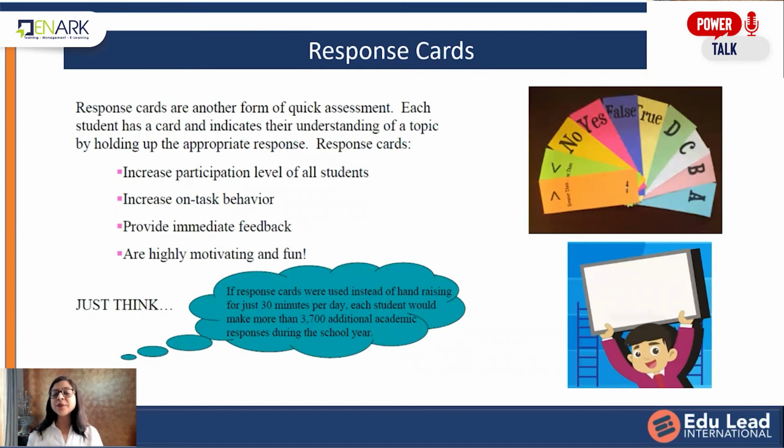So you can identify where all of your children are for a particular concept or idea that you have taught in the class. Response cards are a very quick means of assessment, and suppose you find there are 10 students in the class who are really struggling with this concept, you would then plan in such a manner that their learning needs are being addressed.